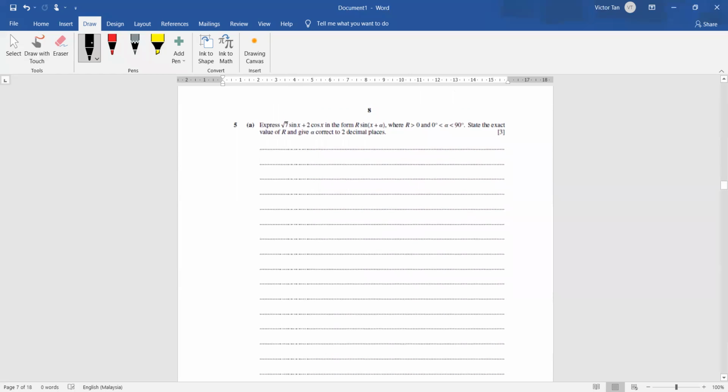Express 7 sin x plus 2 cos x in the form r sin x plus alpha. So this form of equation is very simple, where r and alpha are easily found. So r is square root of root 7 squared plus 2 squared.